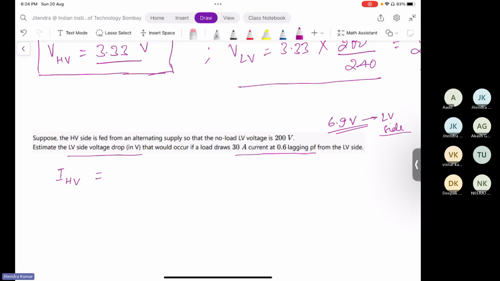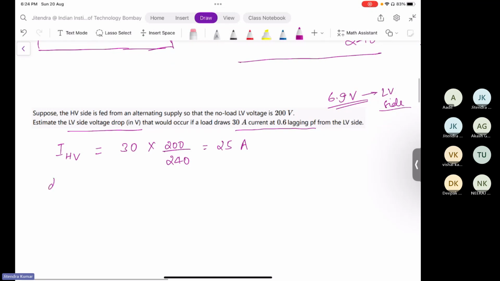So IHV is 30 into 200 divided by 240. It is 25 amps.